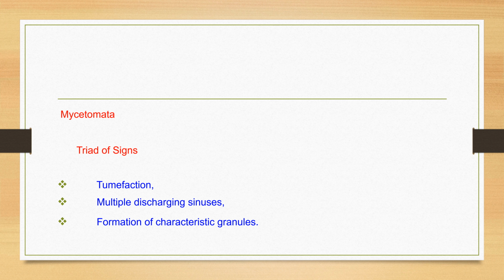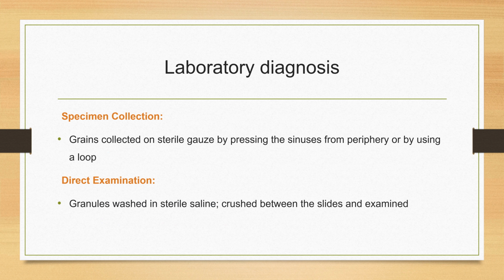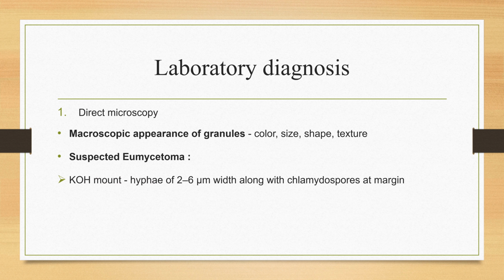In the laboratory diagnosis, for specimen collection, grains are collected on a sterile gauze by pressing the sinuses from the periphery or by using a loop. On direct examination, granules are washed with sterile water and crushed between slides, and then examined. So in direct microscopy, for the macroscopic appearance of the granules, we can see the color, size, shape and texture.